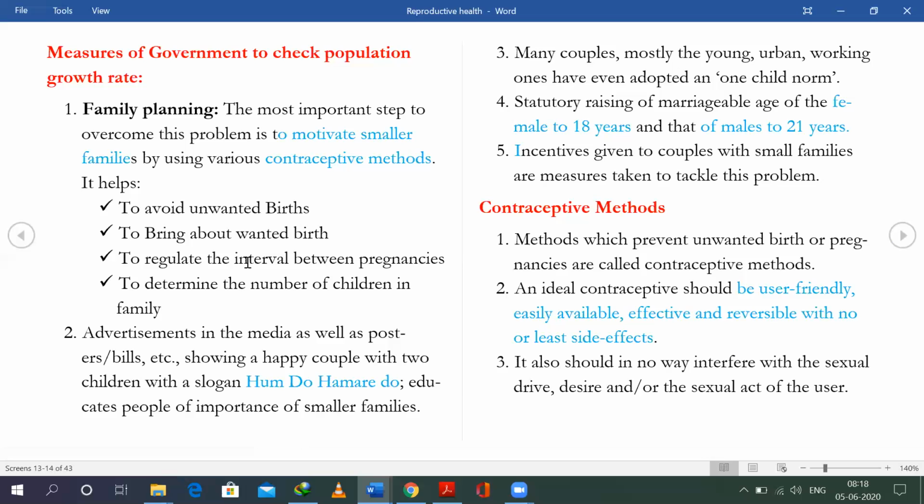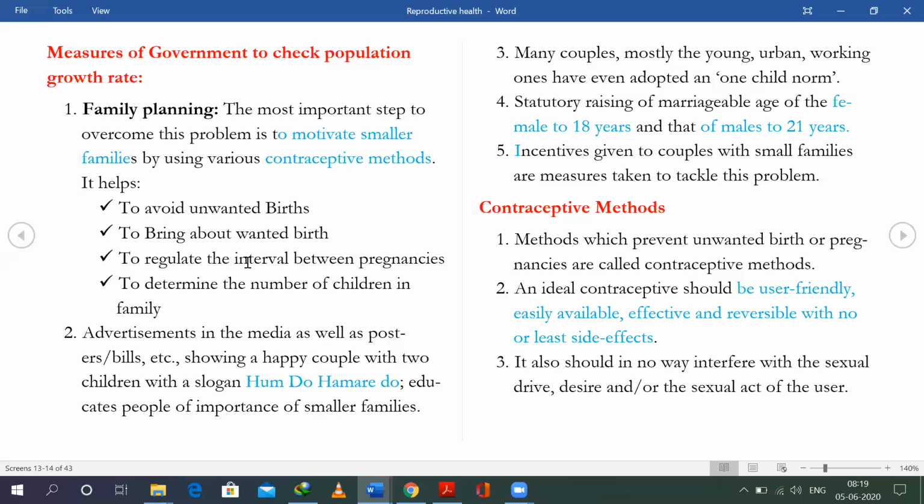And as well, to determine the number of children in the family, and what is the desired family size that you should have, and you have certain time to plan about your family, how to go about planning the life ahead.